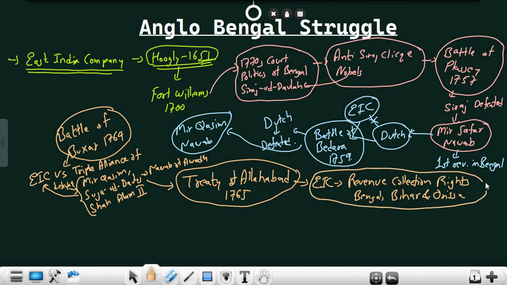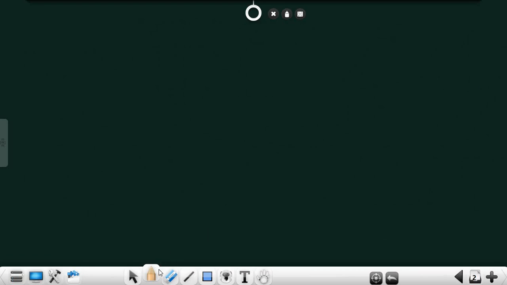So this was the consequence of the Battle of Buxar. We will now study it in detail.